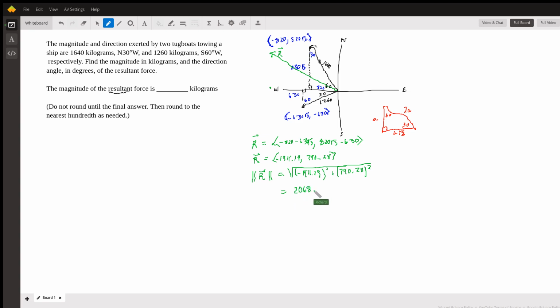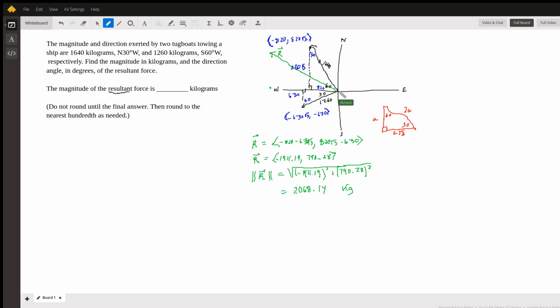2068.4 or so. I can round the final answer to the nearest hundredth, and this would be in kilograms. Okay, so you can see the size or magnitude of the resultant is bigger than the original size or magnitude of each of these vectors that comprise the resultant.